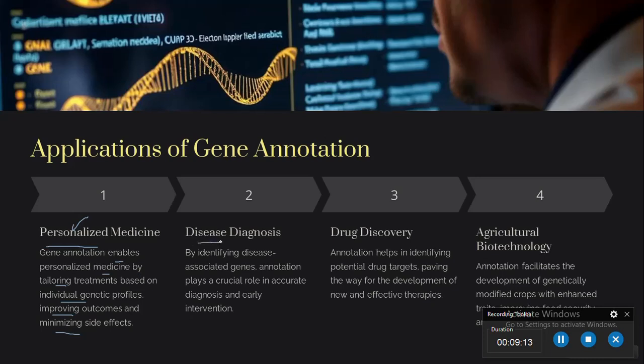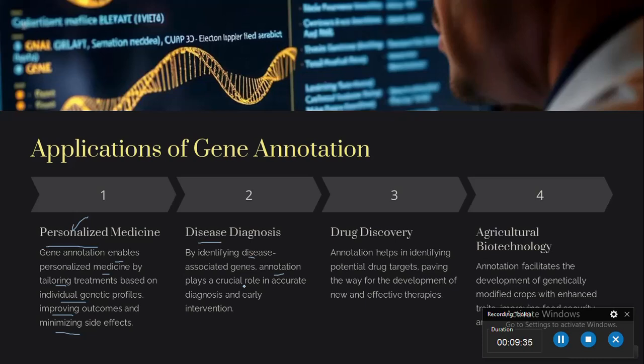Disease diagnosis: by identifying disease-associated genes, annotation plays a crucial role. First, I study the genes expressed in this tissue or cell in the normal context.